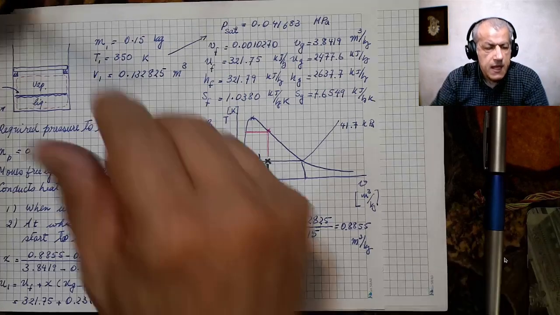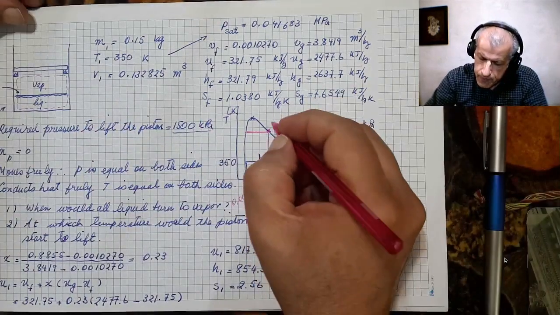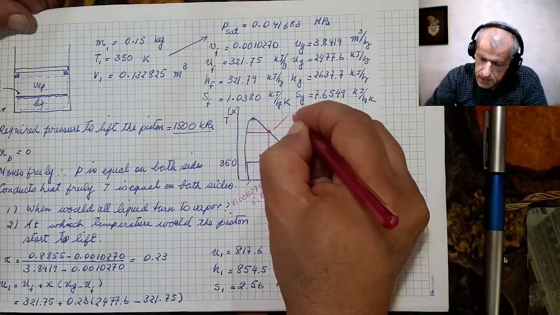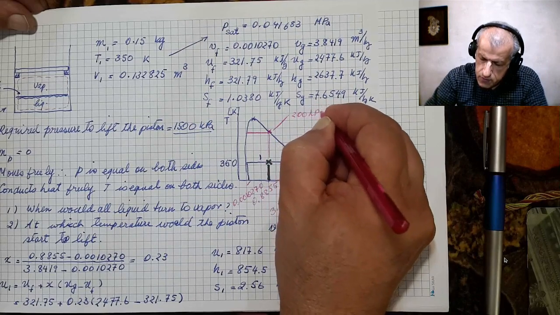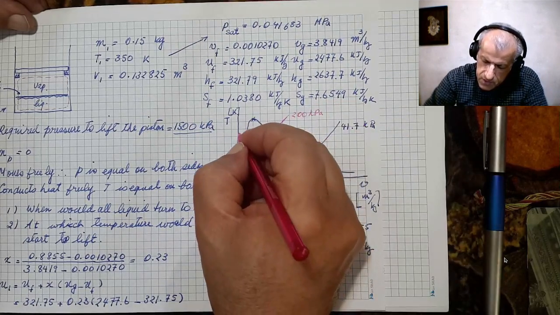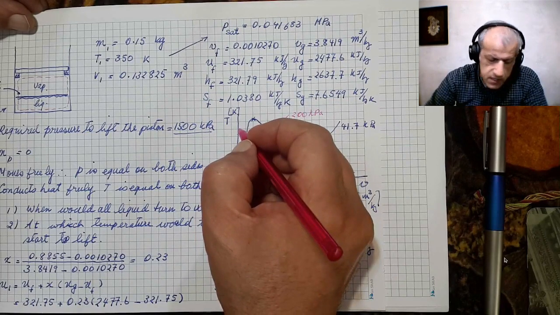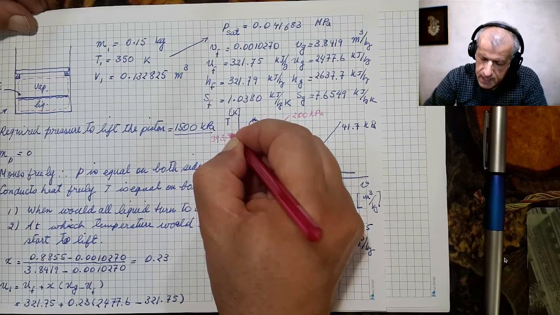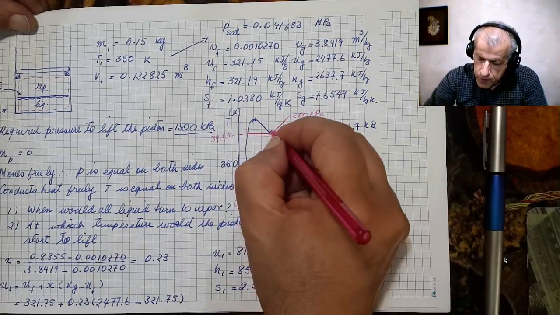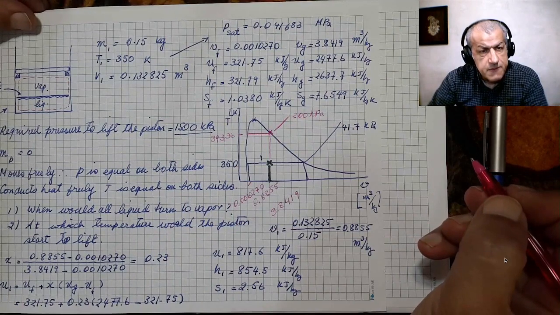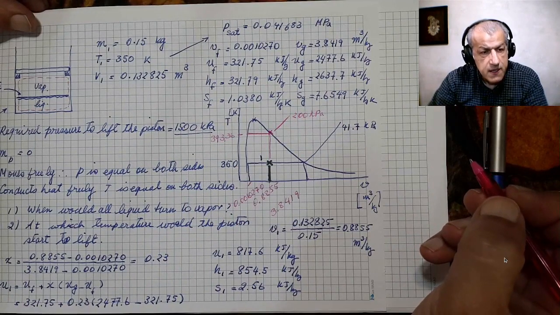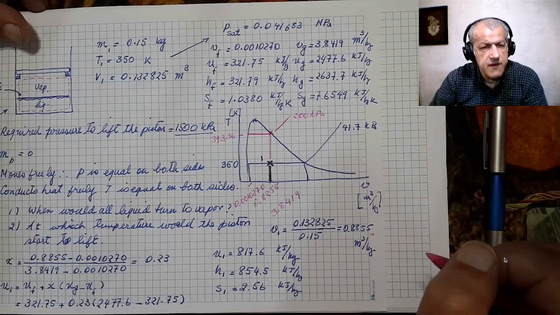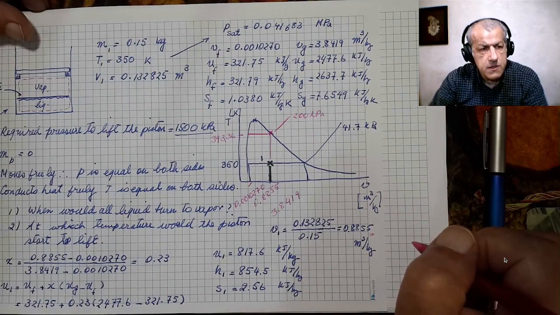What we learn from the tables is that at 200 kilopascals, say this is 200 kilopascals, and at the temperature of 393.36 kelvins, the specific volume for saturated vapor is a value very close to this. It is a very good approximation for this.